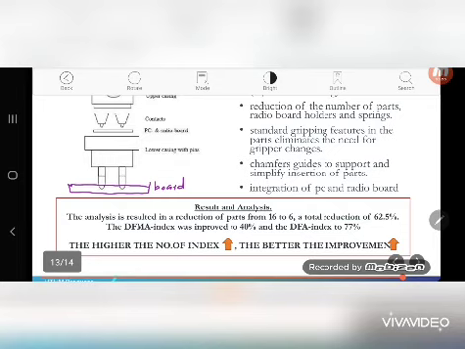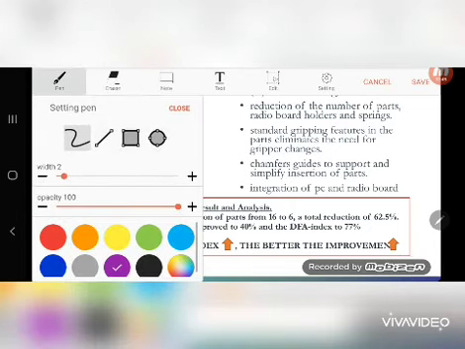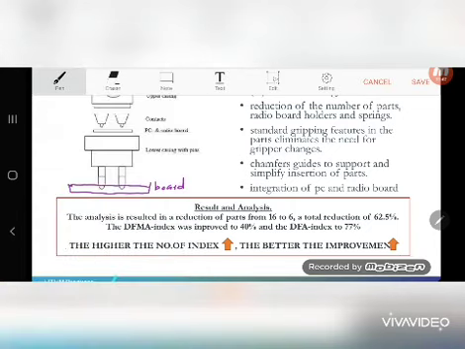Sadly, you cannot have any hands-on with the DFMA software anymore. So basically, this is the theory, the theory of DFA.